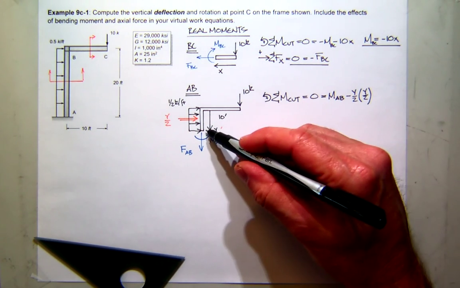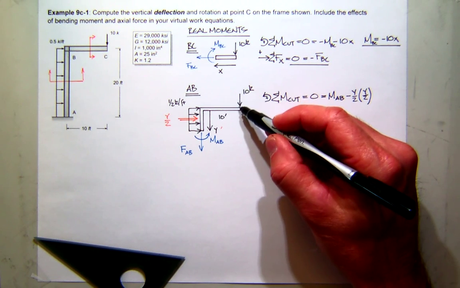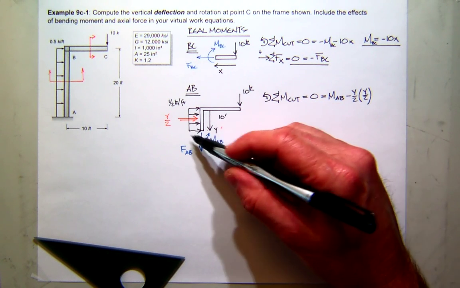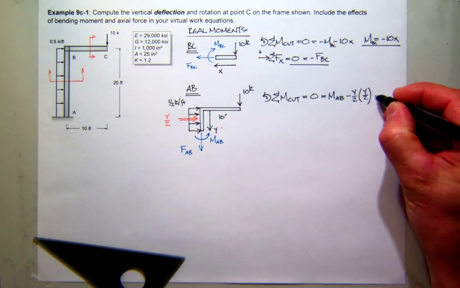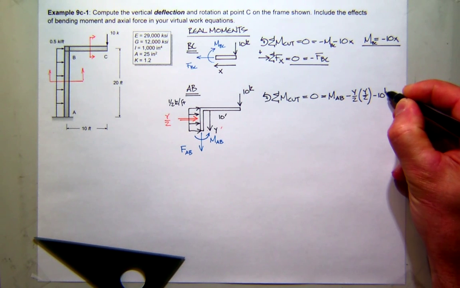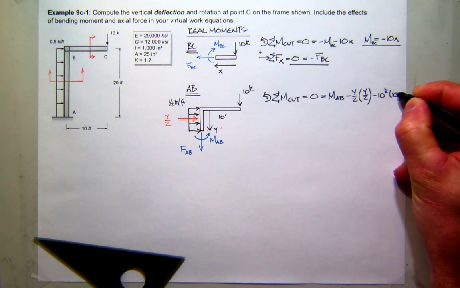And then also about the cut, I'm looking at the moment due to this 10 kip force, and that's going to be also negative moment. So that'll be minus 10 kips times a moment arm of 10 feet.